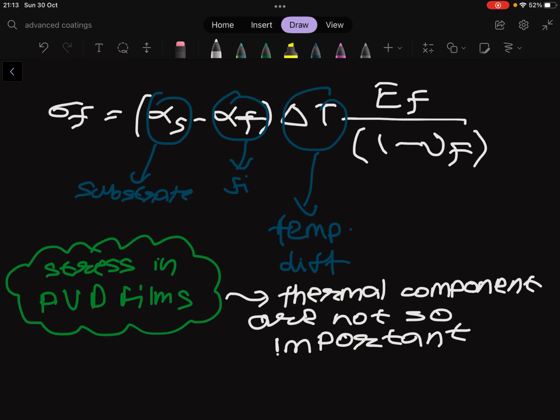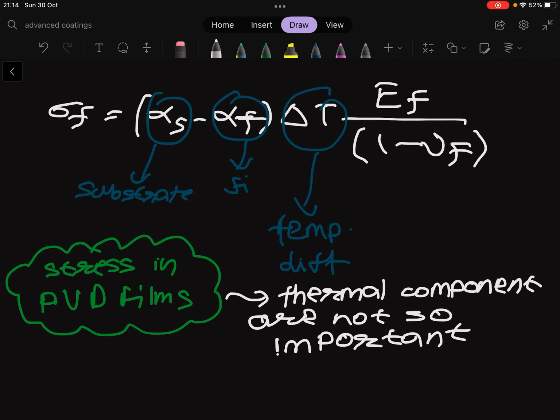If we select high pressure, we have many collisions in the gas, and then these energetic particles can transfer energy to the gas molecules, and then we attain a low average energy. So the bombardment of our growing film is minimal, and in most cases we have a columnar structure with some residual porosity and typically tensile residual stresses.